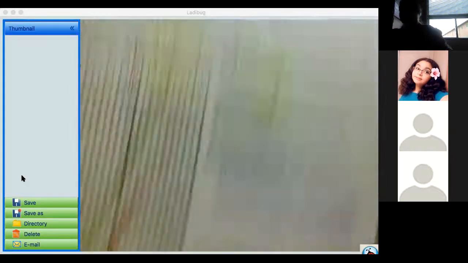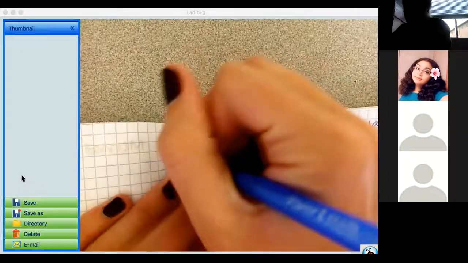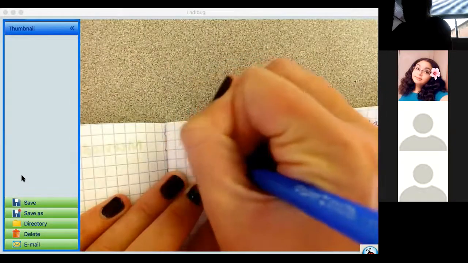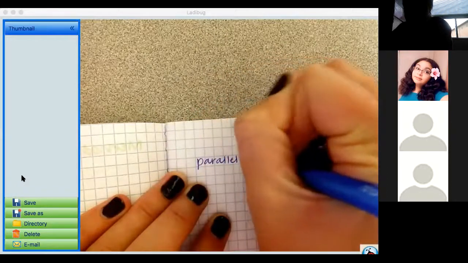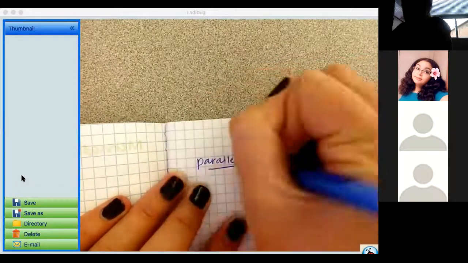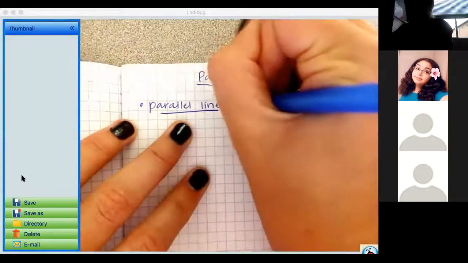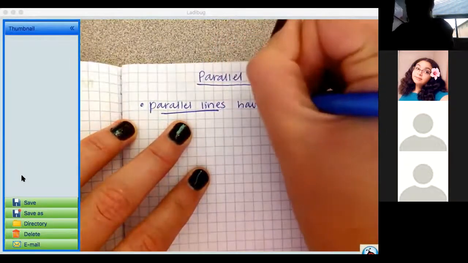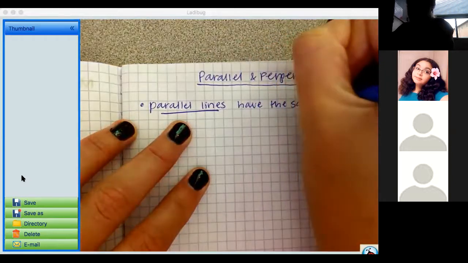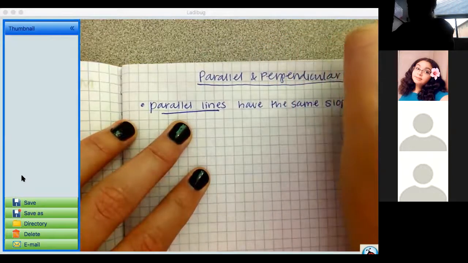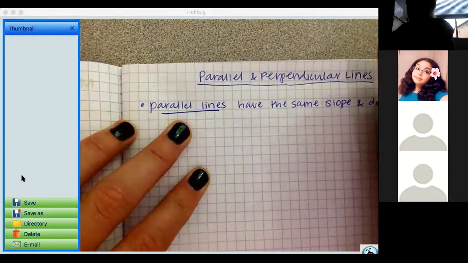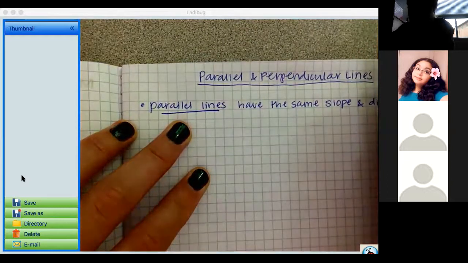All right. So in your notebook, this is what I need you to write. Parallel lines have the same slope and different bases.